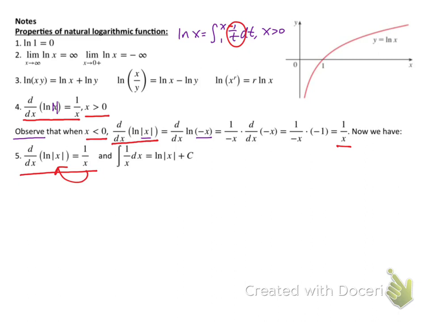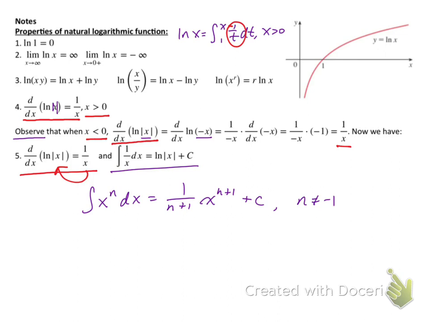Because in general, we have the integral of x to the nth power dx equals 1 over n plus 1 times x to the n plus 1, plus c, where n is not negative 1. And when n equals negative 1, x to the negative 1 is 1 over x, and we have this. So that completes our picture of the power rule for integrals.